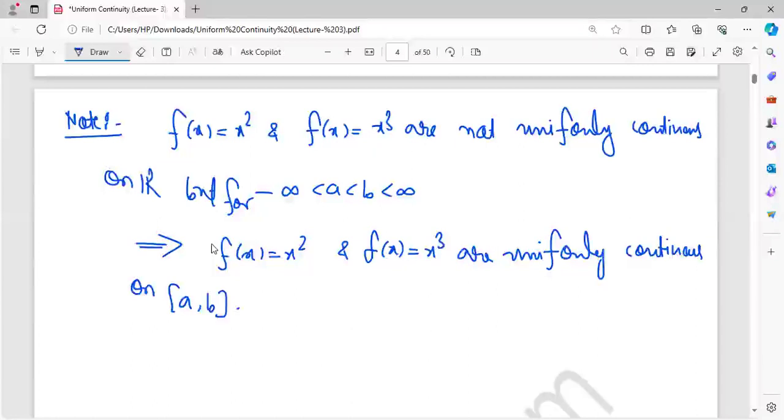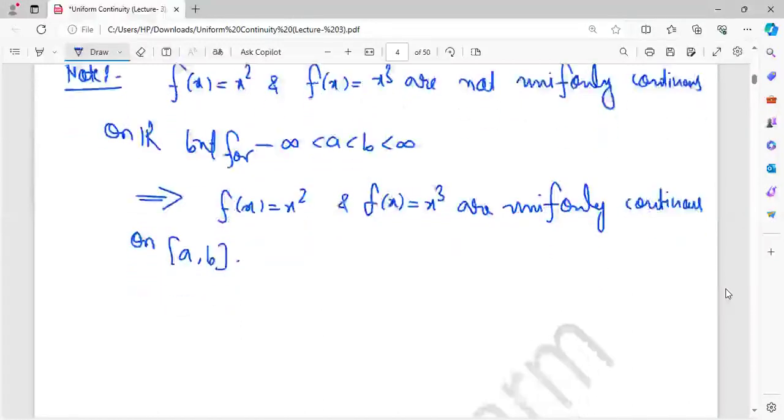And we know that if A and B are finite numbers and you take any continuous function on this closed interval AB, the function is going to be uniformly continuous. Therefore, these functions are uniformly continuous. Even though they are not uniformly continuous on R, they are uniformly continuous on AB, because A and B are finite.